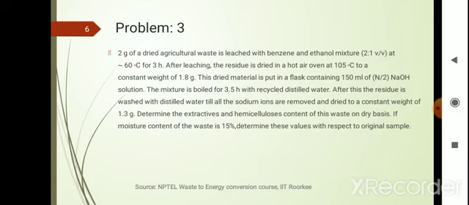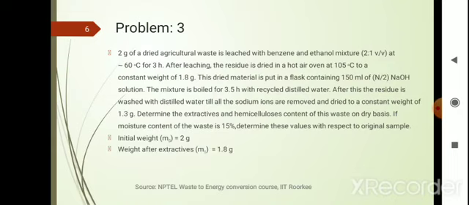So again we are obtaining another mass. So we have 3 masses obtained, and from that we can very easily calculate the extractives and hemicellulose. So what are the given quantities? Initial weight, that is before the test, what is the mass? M0, we are denoting it as M0 before the test. The mass is 2 gram.